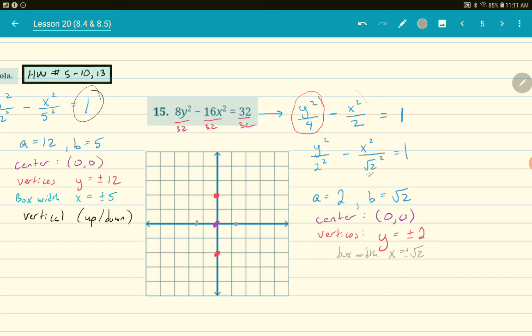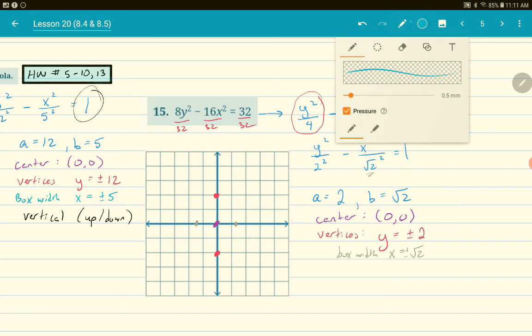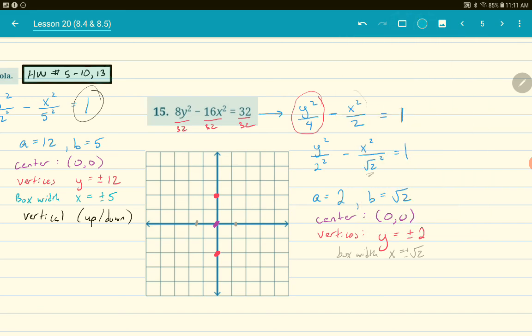And then the next task is to draw my box. My box is as high as the red dot and as wide as the gray one. So I'll start in this corner and then I get my box. And that box defines my asymptotes.